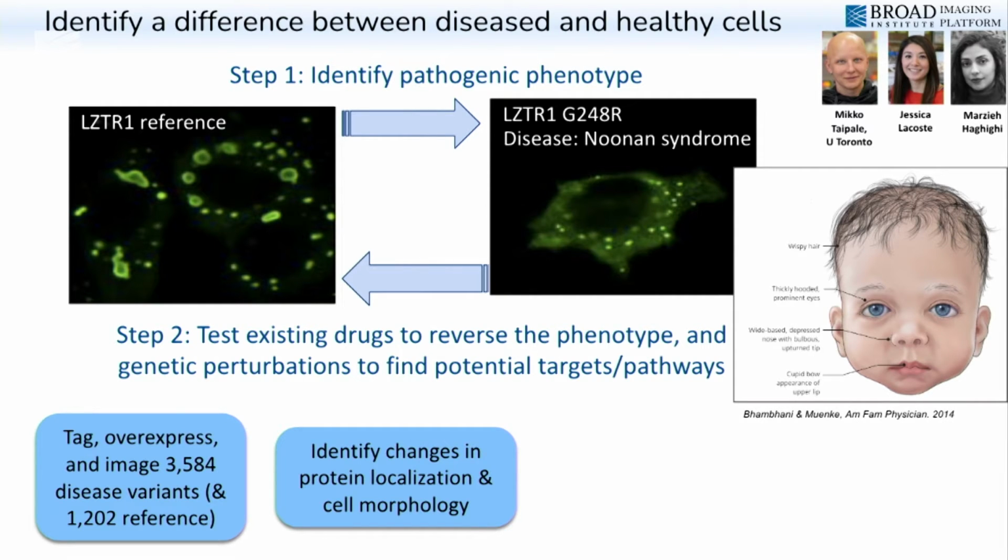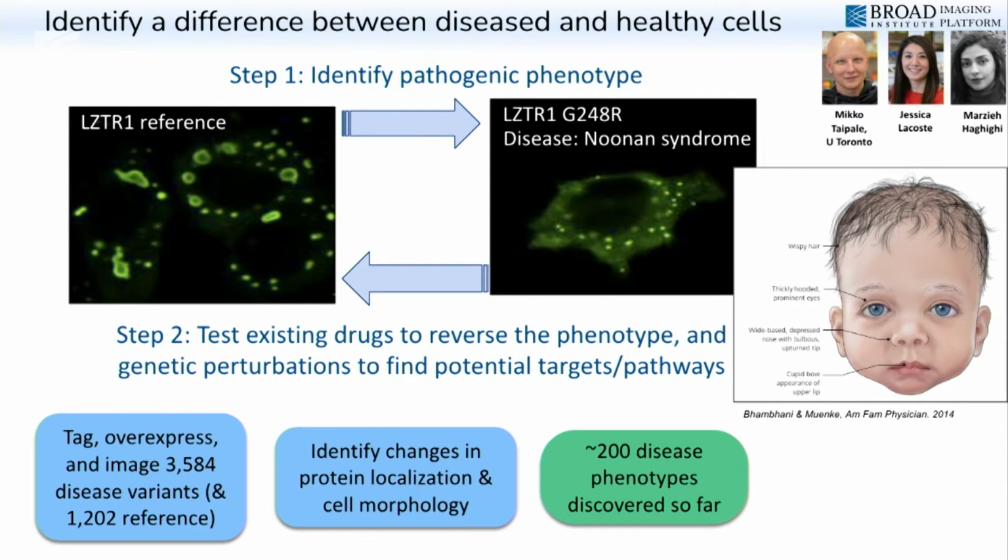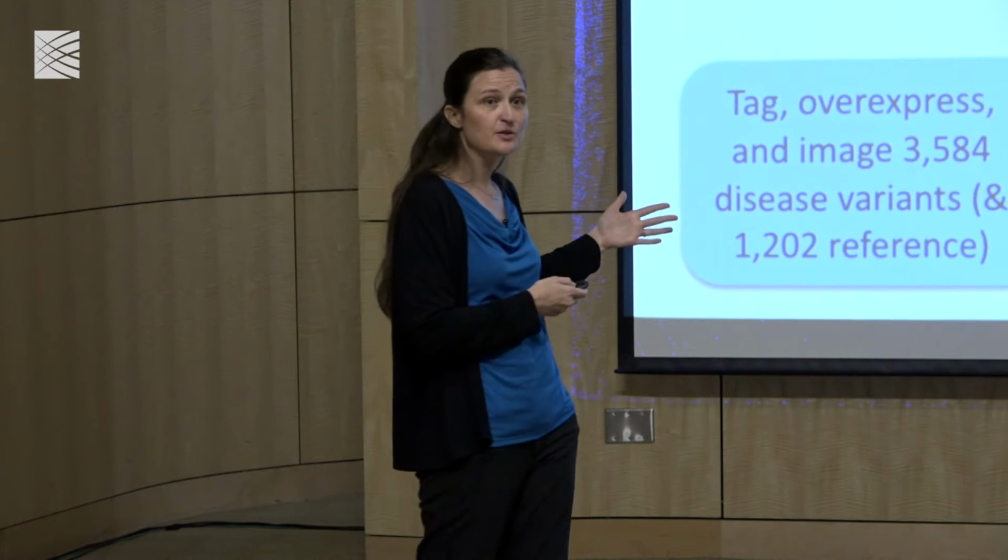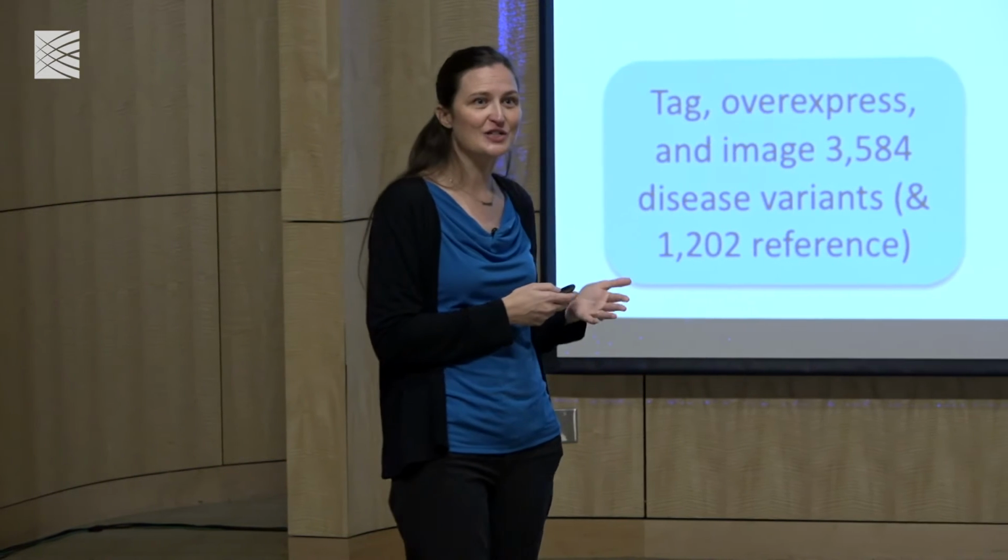By collaborating with ourselves, including Marzia Hagigi, a postdoc in the lab, she's been able to quantitatively identify changes in not just the localization of the protein that I show here, but a couple other channels of the image that show other parts of the cell. And so far has discovered a couple hundred disease phenotypes. As a fraction of the whole, it's a small fraction, less than 10%, but as an absolute number, it's huge.